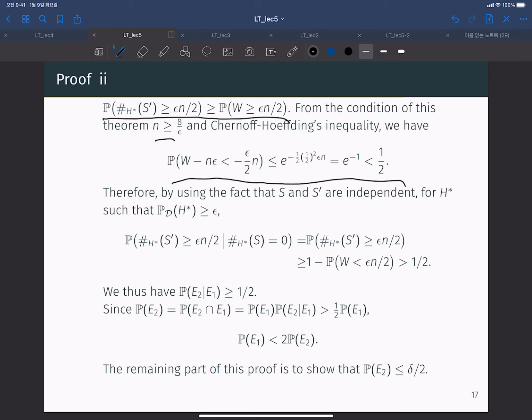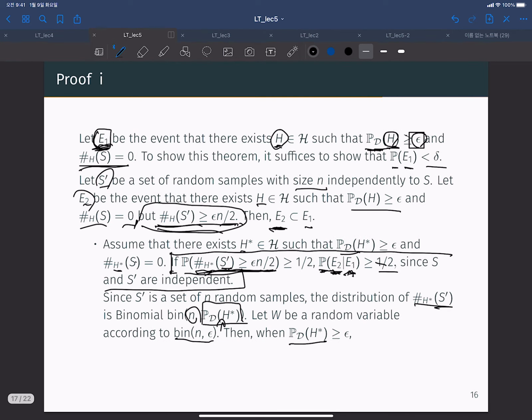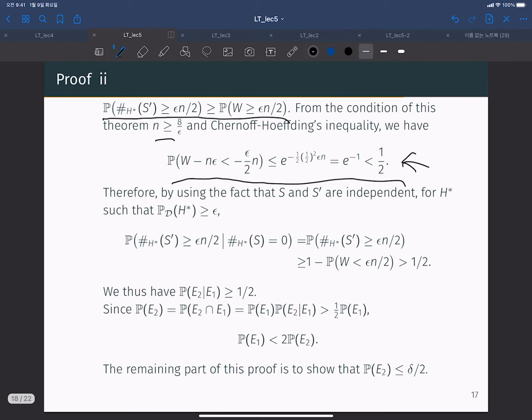So we found this just shows that this is true. Therefore, by using the fact that S and S prime are independent, for H star such that probability of H star is greater than or equal to epsilon, we have this.